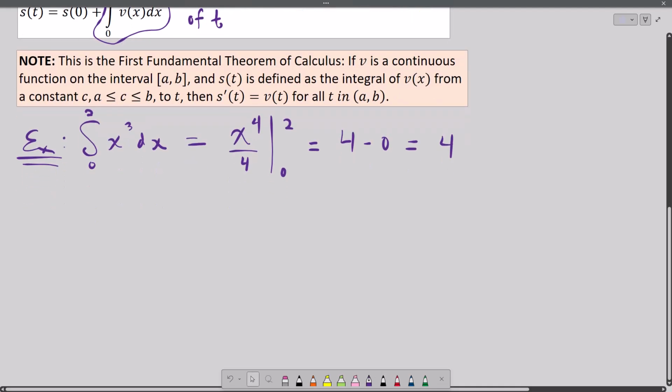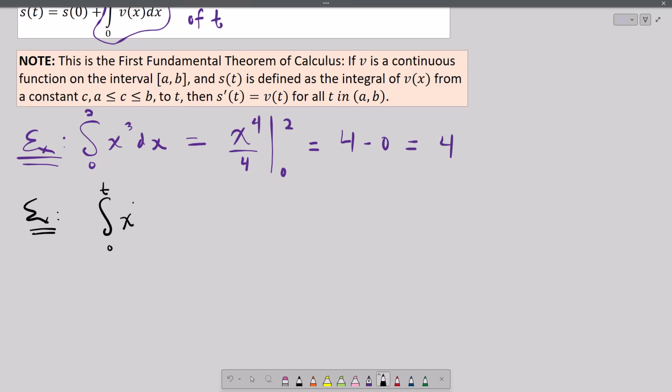So let's compare. If we integrate from 0 to t, let's just stick with x cubed. Now, you can't have this letter and that letter being the same. So sometimes we're going to have to change this x to something else because you want to put a t in there. You just have to make sure that these letters are different.